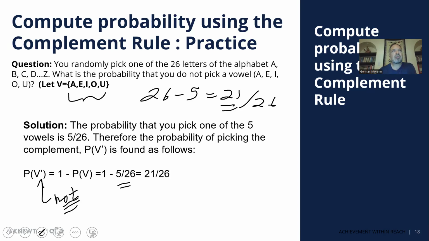And if you're having to label these things on your own, the one with a prime, the apostrophe symbol, is the one that indicates not in the other set. Usually, that's how we do it. It's not a set rule.